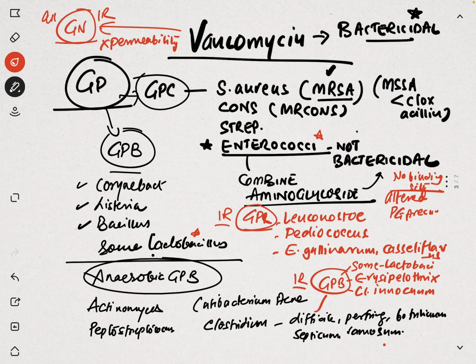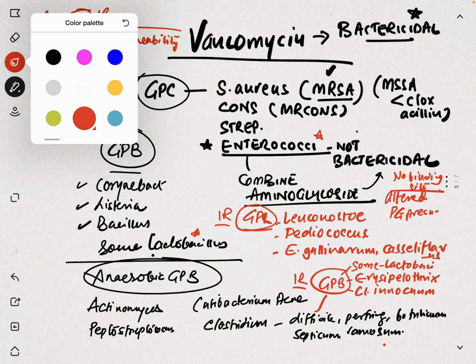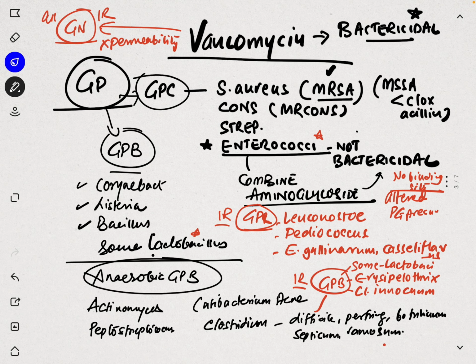But I would like to tell you an exception to the exception, that among a few gram negatives, it will still work. Let me give you an example like Elizabethkingia, in which vancomycin is working. And there are no breakpoints though, but in neonatal meningitis, we can give it along with rifampicin.